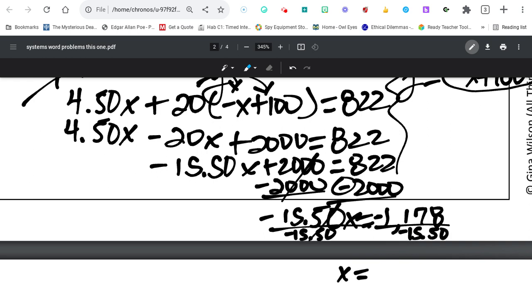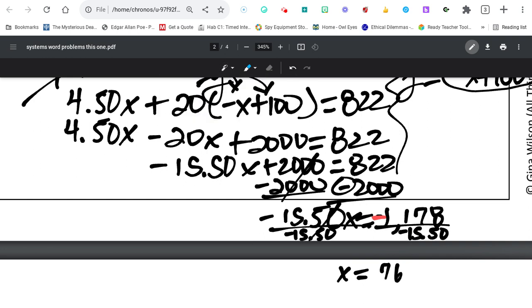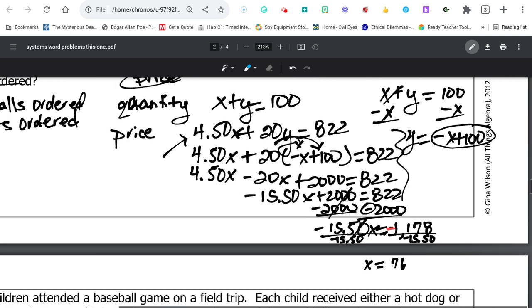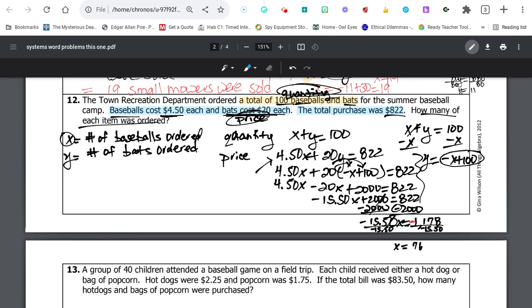Okay. Make sure you put your negative right here. All right, and let's take that and divide it by 15.50. 76. And what was X? Bats or baseballs? Let's see. X was the number of baseballs. So 76 baseballs were ordered.